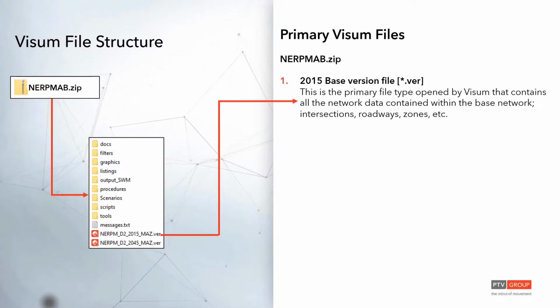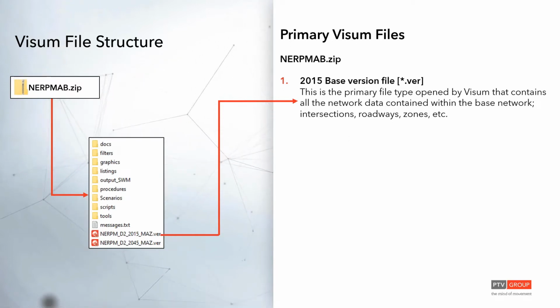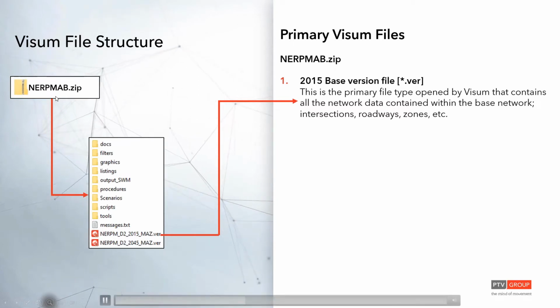We had shared a download link to download the model setup, and I think the download would include two zip files. The first zip file is called NERPMAB, and then there's another zip file which contains a few other files. We'll use the other zip folder for tomorrow's session. For today, we are going to mainly focus on nerpmab.zip.